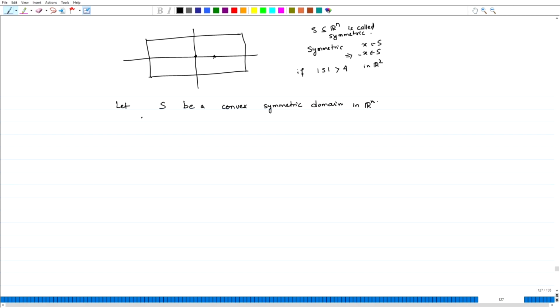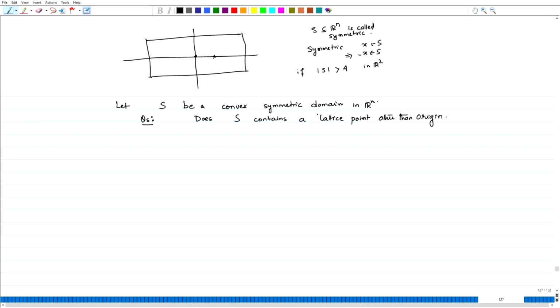Now the question is, does S contain a lattice point other than the origin?